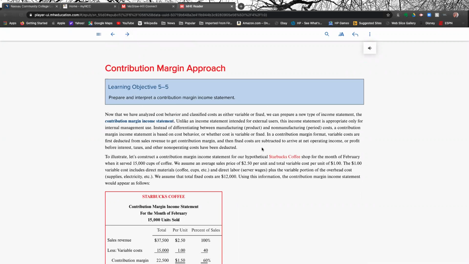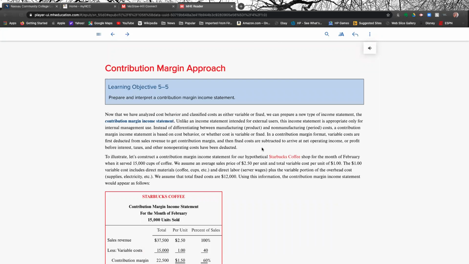Okay, contribution margin approach. What is contribution margin? Contribution margin is sales price minus variable costs. Now, all variable costs. Right, we're going to look at costs differently now. So all costs are going to be categorized as either variable or fixed.